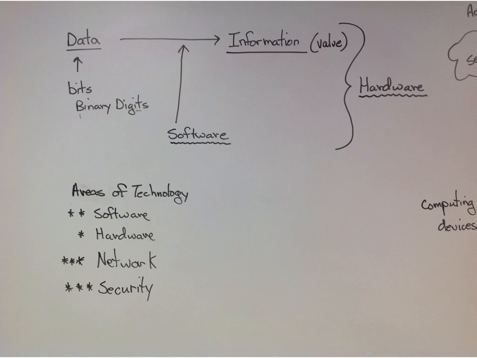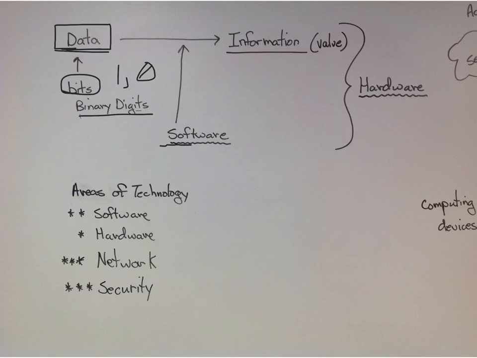We started the class and actually started talking about data. I kind of wanted to emphasize the fact that computers manage data, groups of bits. The term bits comes from the term binary digits, ones and zeros. Okay?